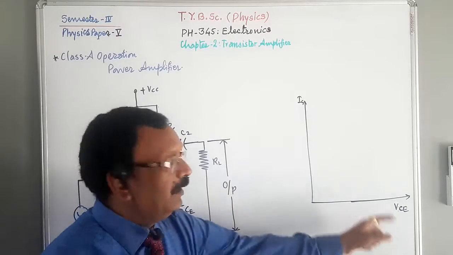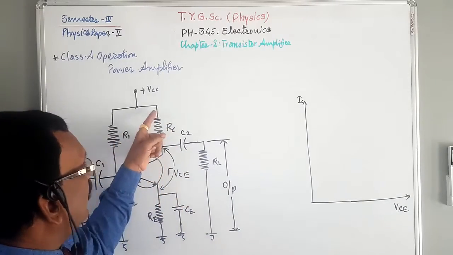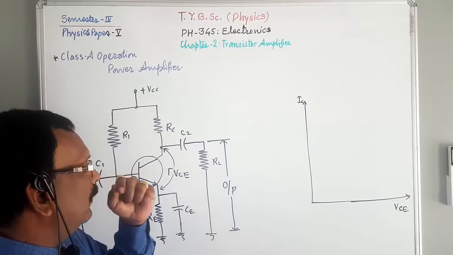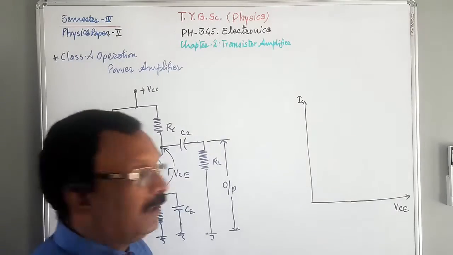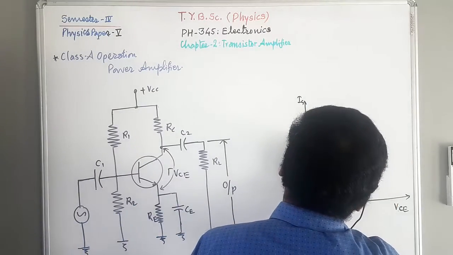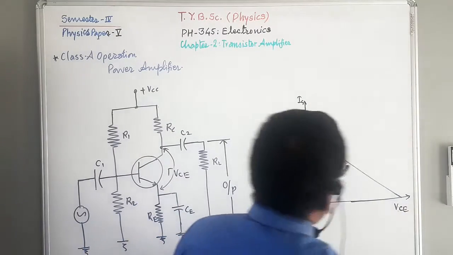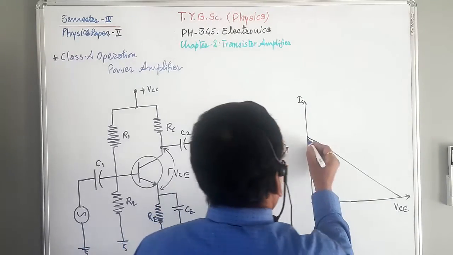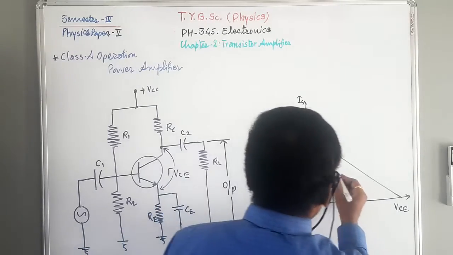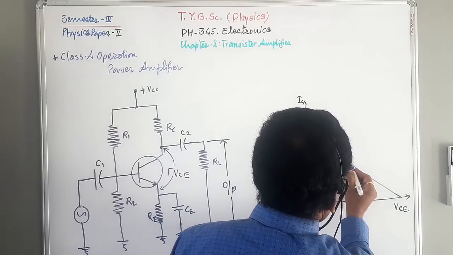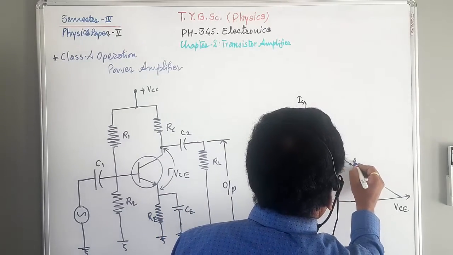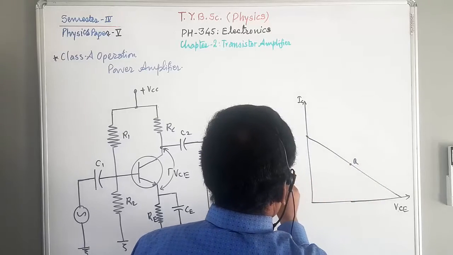This is taken along the x-axis, and collector current, measured by using a milliammeter, is taken along the y-axis. Suppose this is a load line, and here the quiescent point is exactly at the middle of the load line.